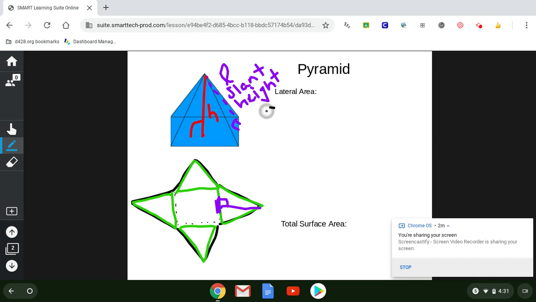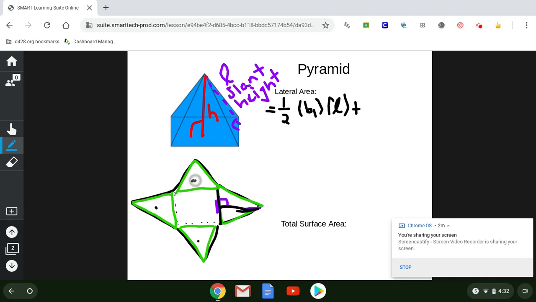So remember to find the area of a triangle, it's 1/2 times its base. So if I'm looking at this first triangle here, I don't know its base, so I'm going to use base 1 because I'm going to have multiple bases. And it's going to be times its height. Well, its height is going to be that lateral or that slant height, so I'm going to use the cursive L. And then I have to do that for each triangle, and they're going to have different bases though.